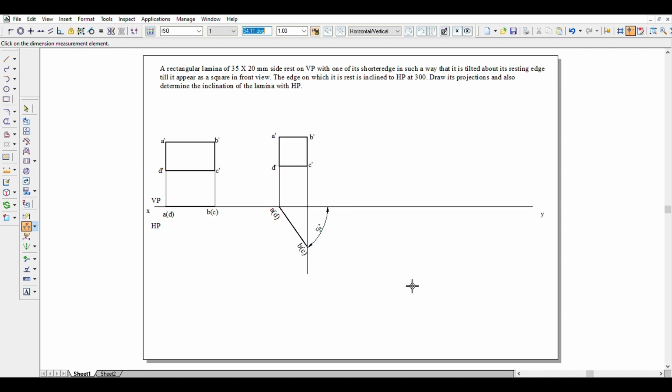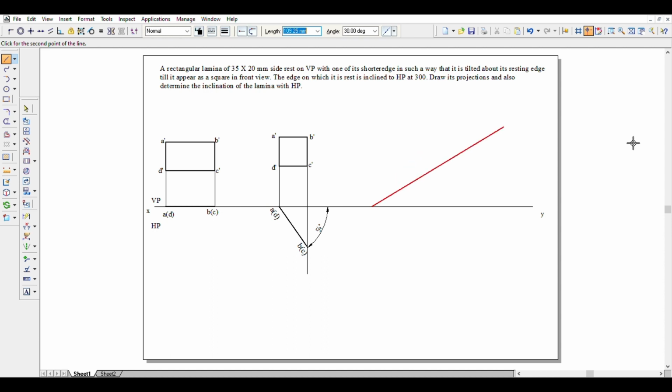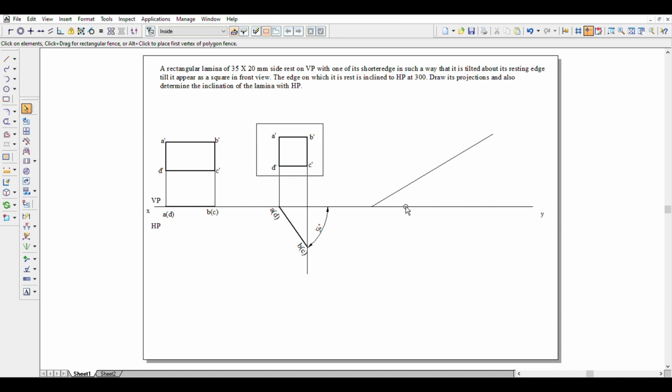So next we will draw a 30-degree line from the XY line. Then we can extend the line up to a certain extent. Now we can copy this square and place it on this line along with the annotation.